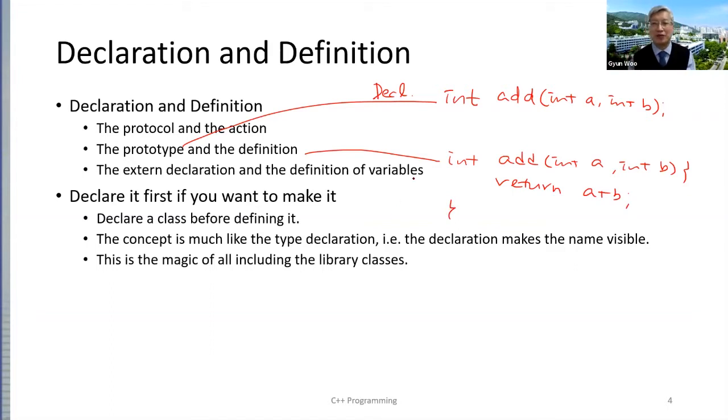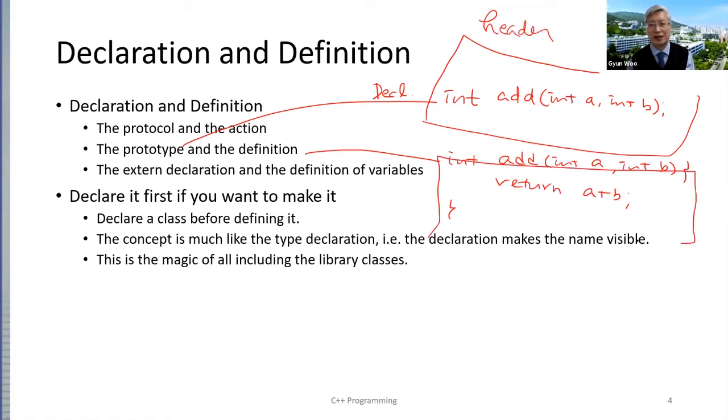Up to now, we have used a single file for this, but you may use a header for the declaration and a source file for the definition. The external declaration is also like this: the definition of a variable will be somewhere else, and the declaration of that variable is made inside my file.